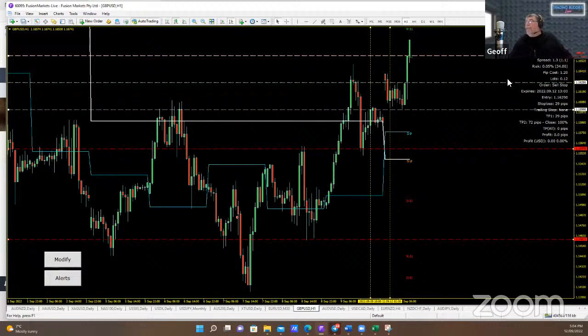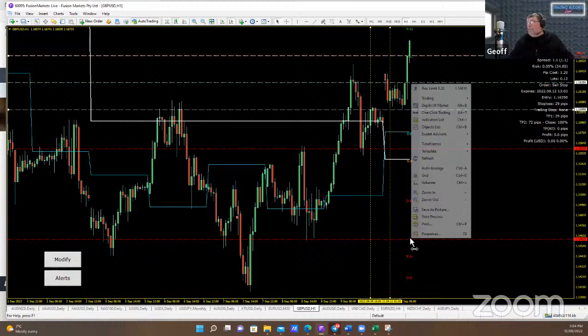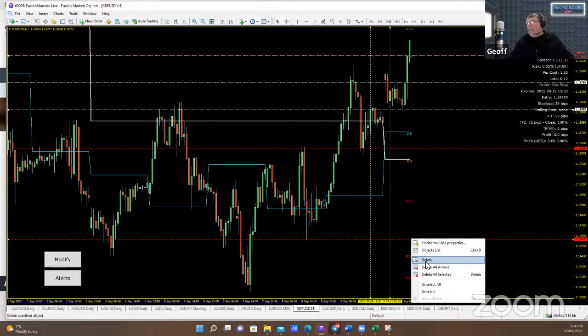Doesn't look right. 2 times 29 is 58, 72 pips below there is 43.57. That's right. Okay. Happy days. No more work to do until that actually triggers.